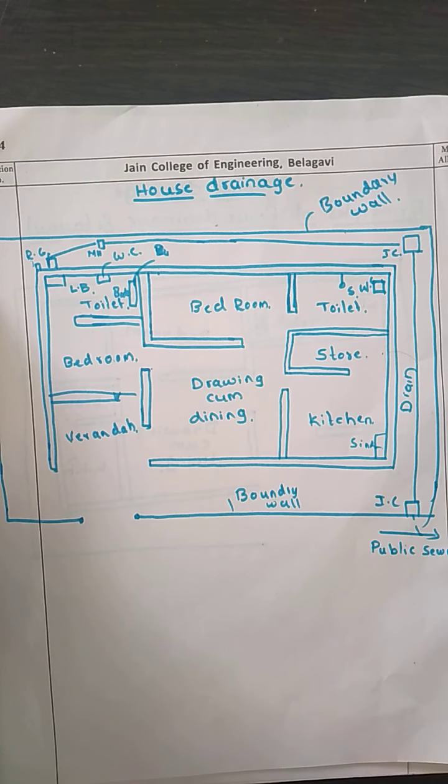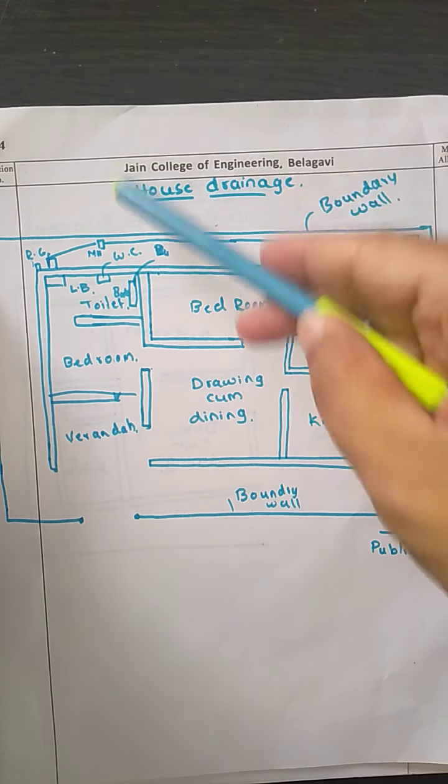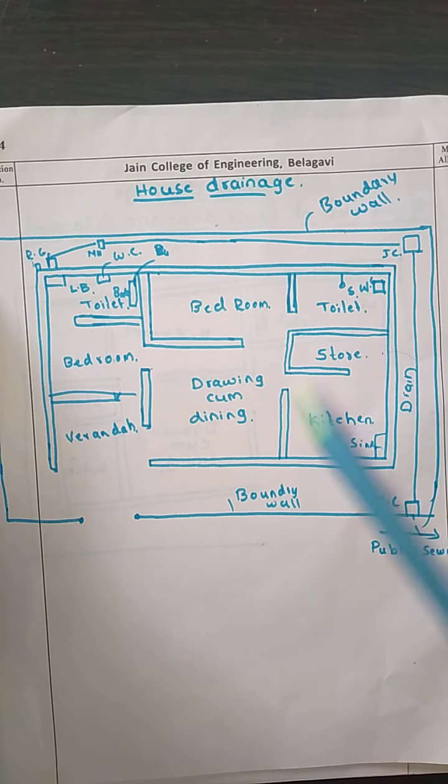When we look at house drainage, we need to see what drainage is, what we mean by that, why we need to provide house drainage, and what principles are applicable. So in today's class we are going to discuss what house drainage is, what the principles of house drainage are, and how it can be maintained.